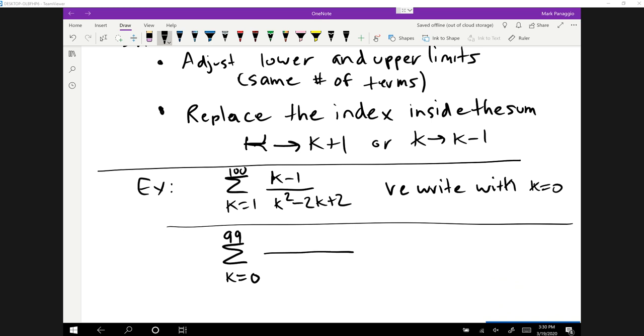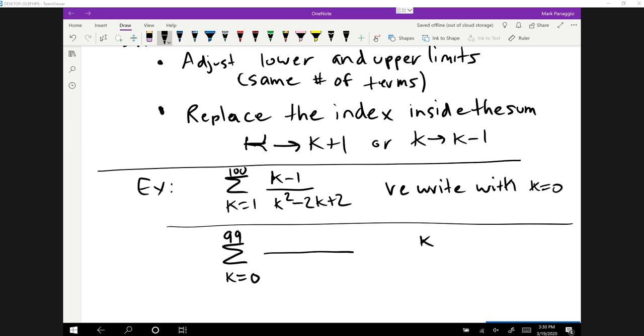Okay. Now, everywhere that we had a k in the original sum, now we will have decreased it by 1 because we've shifted our index, right? So before, when I plugged in k equals 1, now if I plug in k equals 0, I will have decreased that by 1 unit. So we need to counteract that change if we want to represent the same sum.